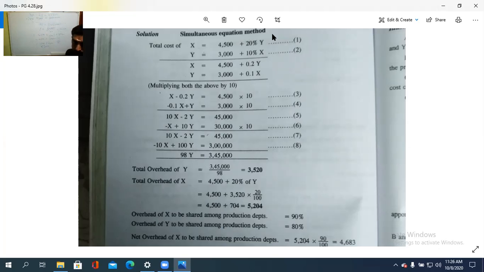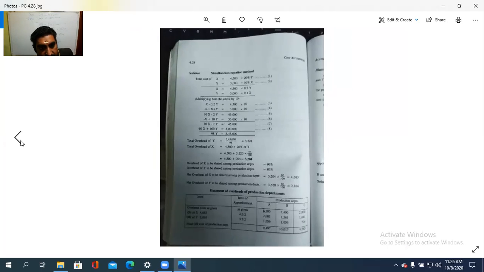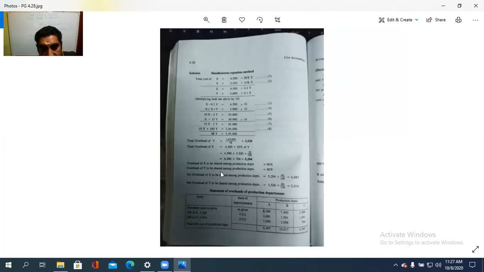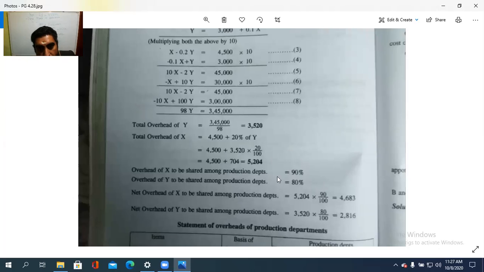That is the 5204. Then, overhead of x to be shared among production departments is 90%, and overhead of y to be shared among production departments is 80%. That is given. See, x has a 20% department cost in y, so the remaining 80% must be allotted. And here 10%, so 100 minus 10 is 90.